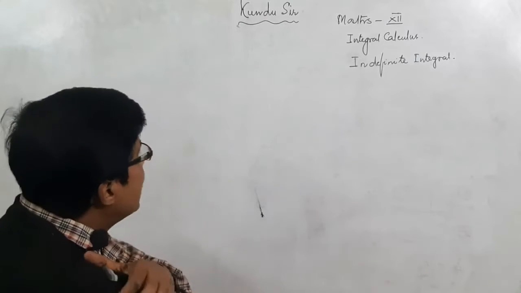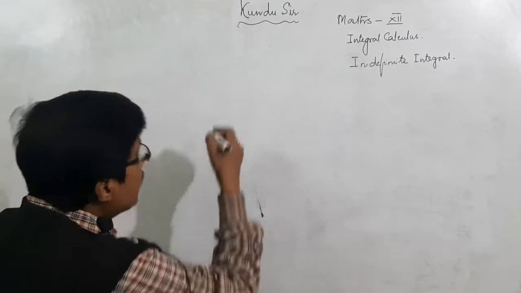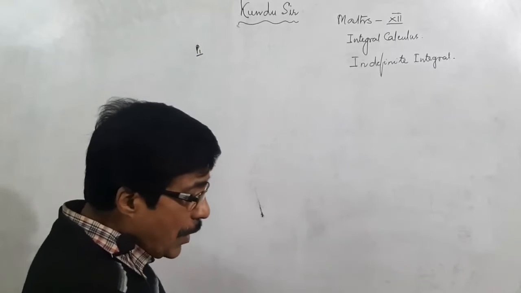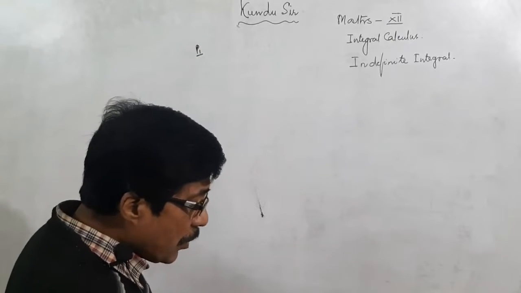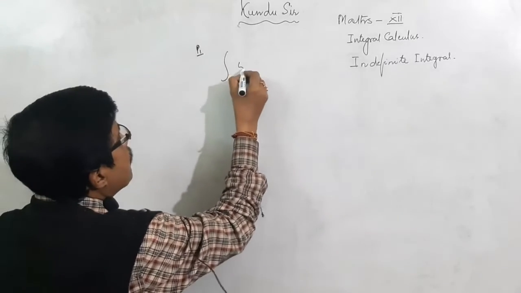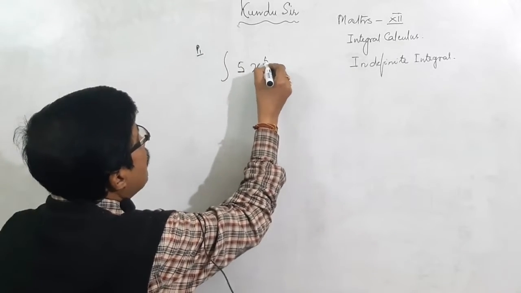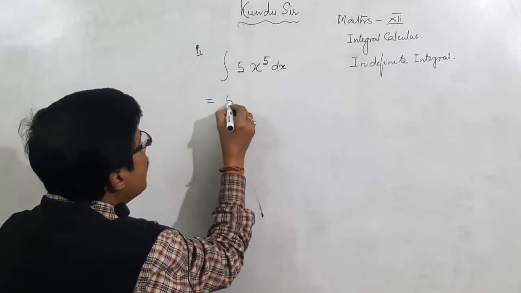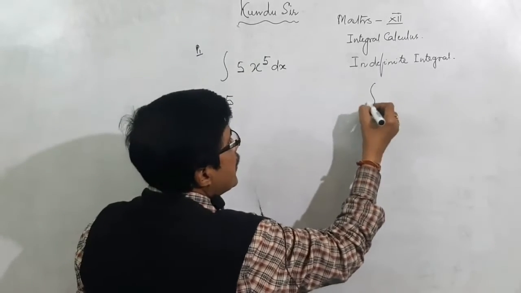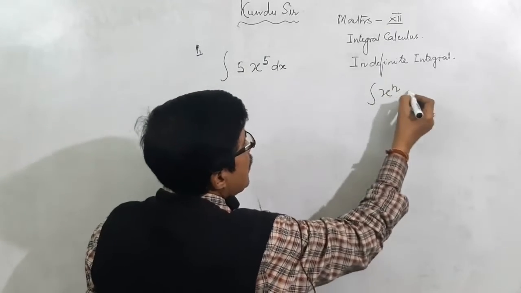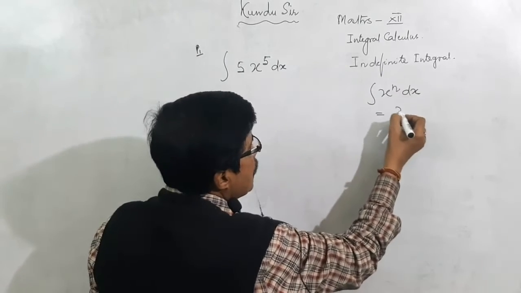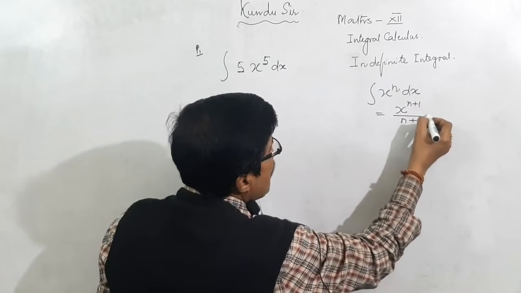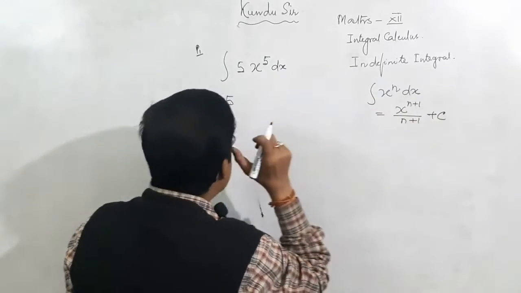First is integration, problem 1. Problem 1 is the integral of 5 x to the power 5 dx. What is the result? We know that the integral of x to the power n dx is x to the power n plus 1 upon n plus 1 plus c, where c is an integration constant.